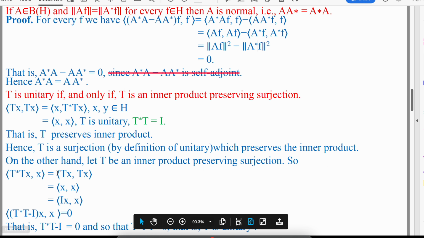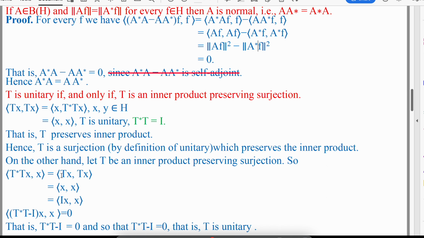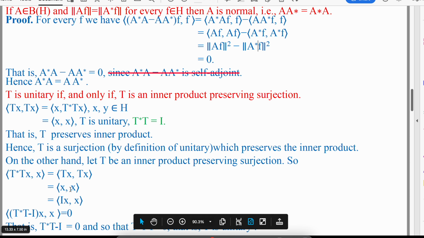Because it preserves the inner product, the inner product of Tx with Tx is equal to the inner product of x with x, or we can say the inner product of Ix with x, where I is the identity operator. Shifting to the left hand side, the inner product of (T star T minus I)x with x is equal to 0.